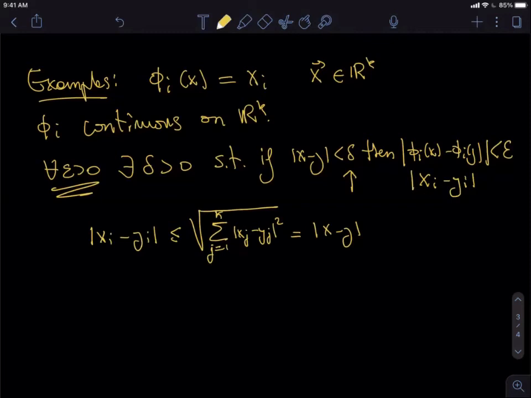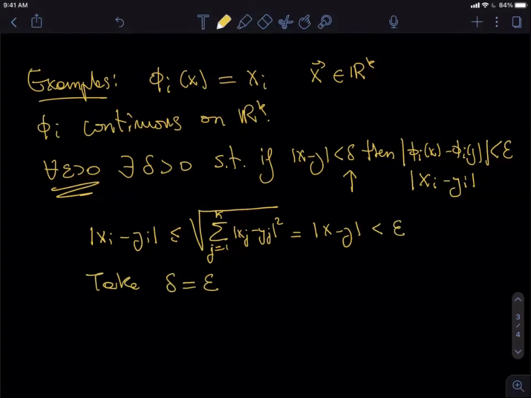So for example, we want this less than delta, but since the number that we are given is epsilon, what we can do is just take delta equal to epsilon. That will do for the definition.